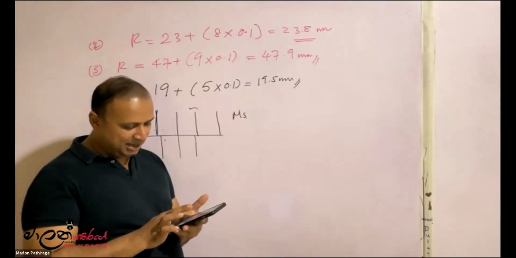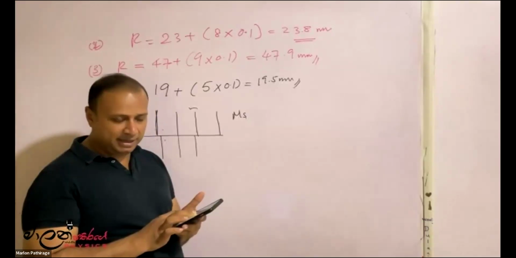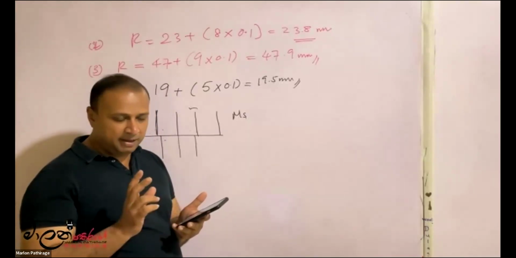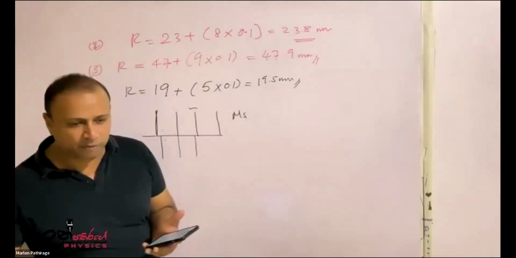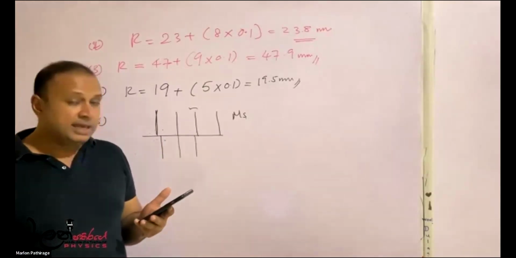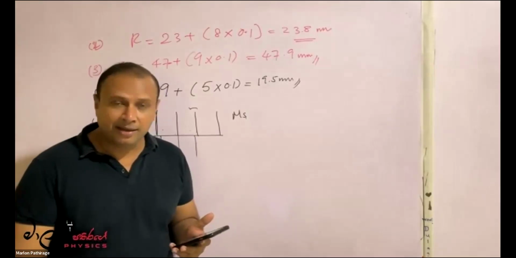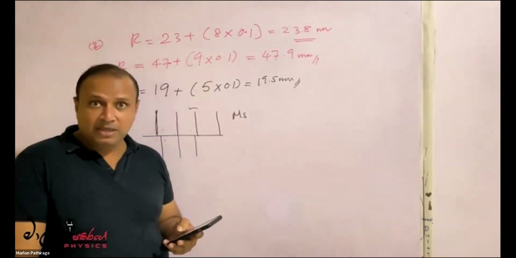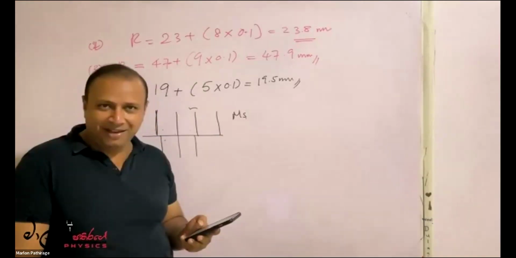The first one is 8.6. The main scale reading is 8.6. That means 86. The first reading is 86.2. Yeah, that is correct. Very sorry for the mistake.